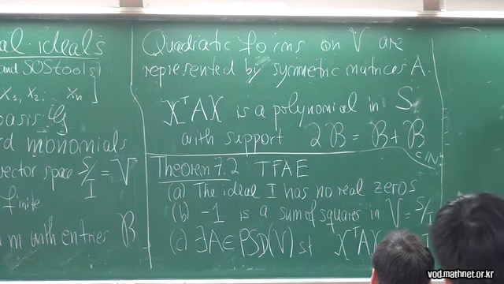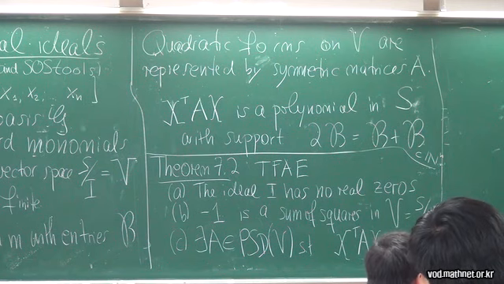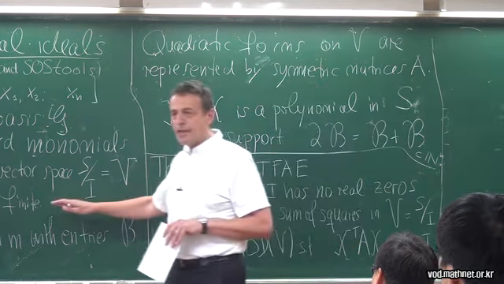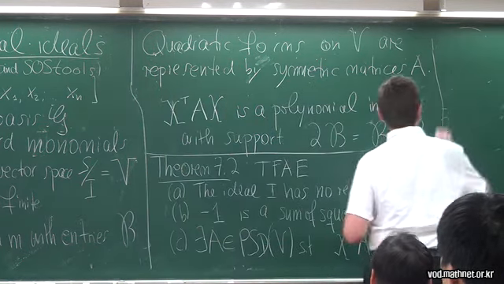Unraveling that says minus 1 is a sum of squares mod I. And so that's a theorem. It's actually not a difficult theorem. And this theorem is false if we don't assume this condition. So as stated, it's false, but other things are true. But we're just going to use this one.